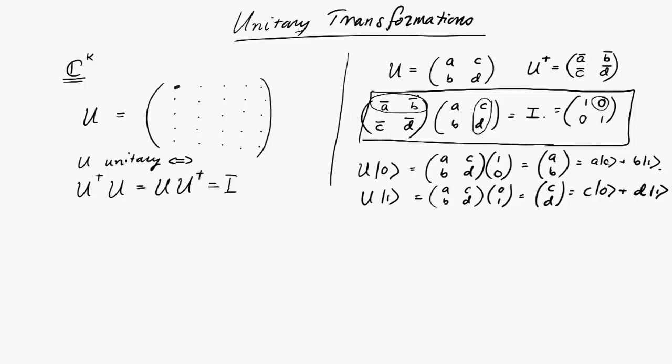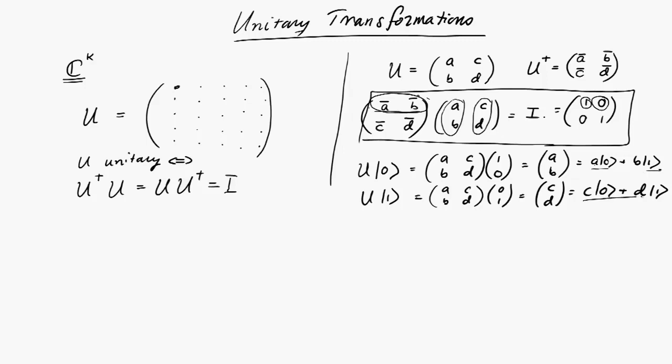What's the length of these vectors? Well, the length of this vector A, B is given by the inner product of this with itself, which is the product of this times that. And that's this entry. So that tells us that the length of this vector is 1.